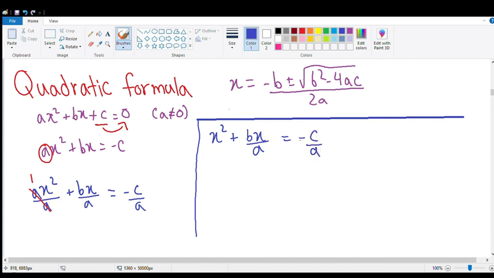So we're going to be following a formula, which is a squared plus 2ab plus b squared equal to a plus b whole square. So we're going to first transform a squared plus bx over a into a squared plus 2ab plus b squared, and then into the a plus b whole square.